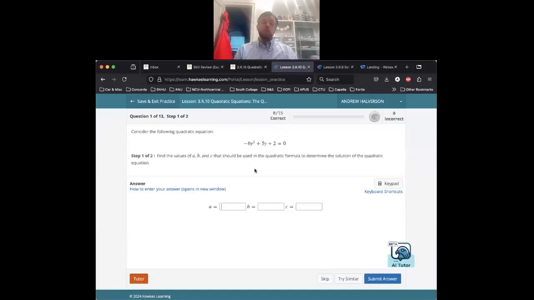So let me first start with this. If you take a look at this problem, negative 6y squared plus 5y plus 2 equals 0, you might be able to solve it using the factoring method that we just did.